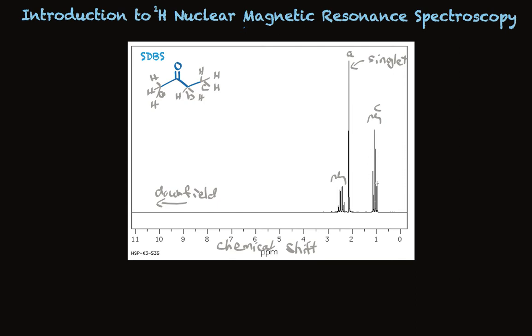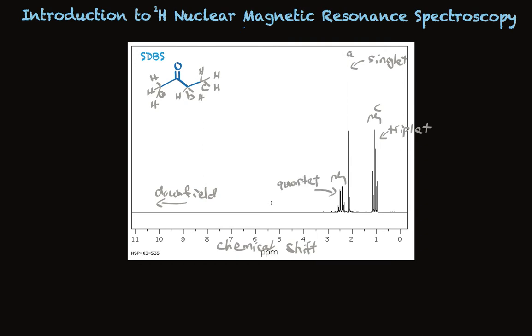So this would be called a triplet because it's 3 signals. And this guy is 4. The small signals on either side count 2. It's not an equal intensity 4 signal pattern, but rather the signals on the outside are smaller than the ones on the inside. This is called a quartet, 4 signals.